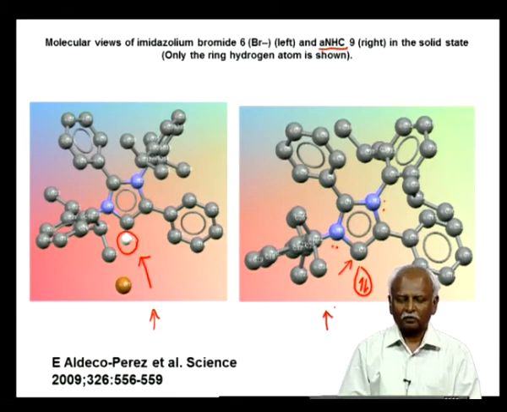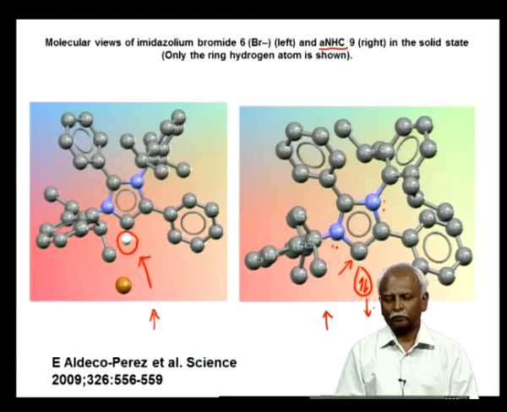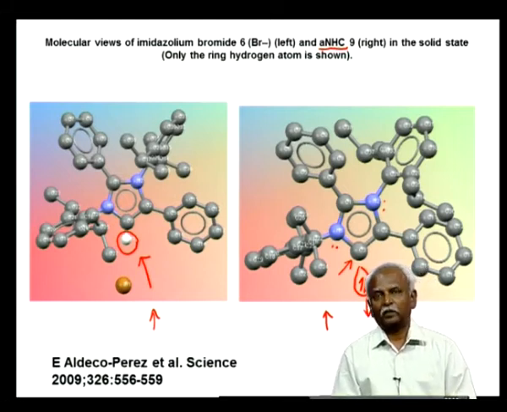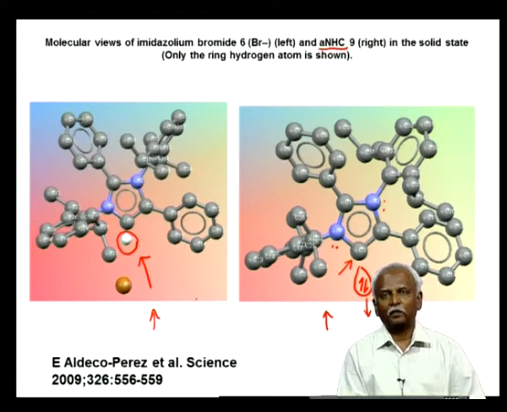And that is because the pi system, which is perpendicular to the plane of the ring, is not affected by this deprotonation, and the lone pair that is available for donation to the metal atom is in the plane of the ring system and perpendicular to the plane of the pi system. So, the carbene and the imidazolium cation were characterized perfectly using single crystal structure determination, and so we have a good idea about how the bond distances vary in these ring systems as well.